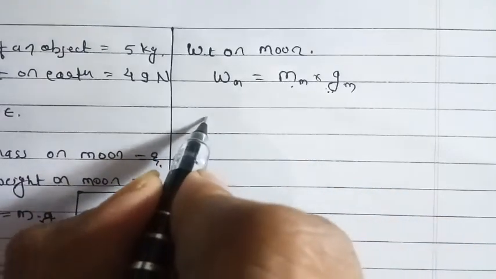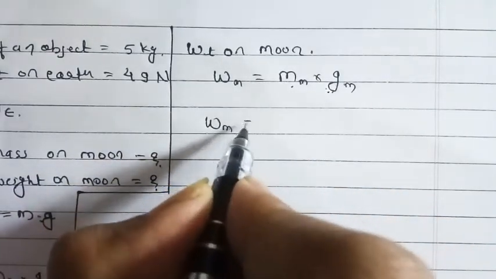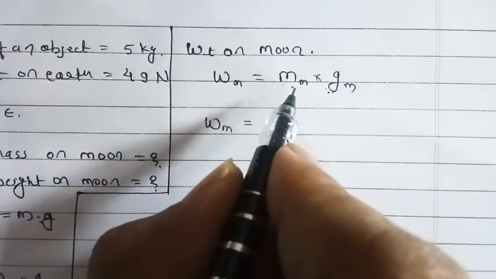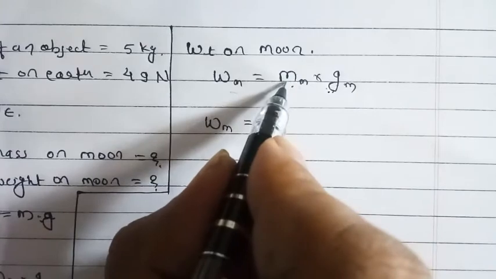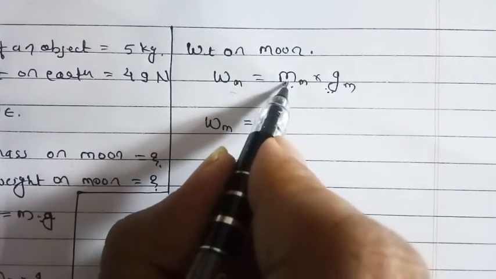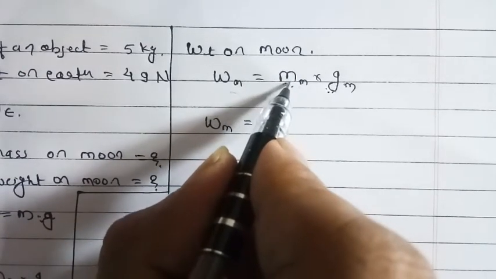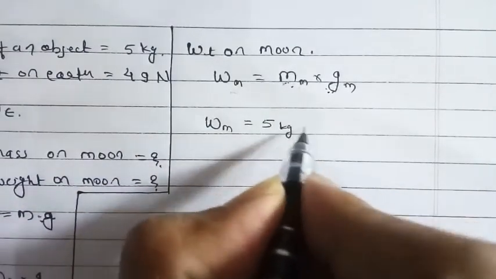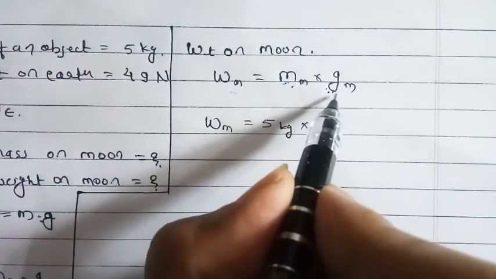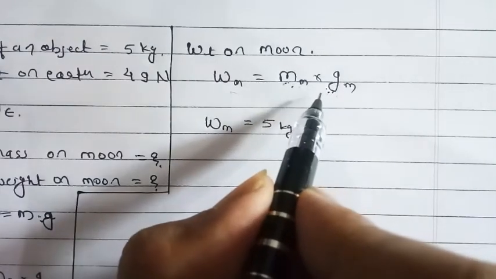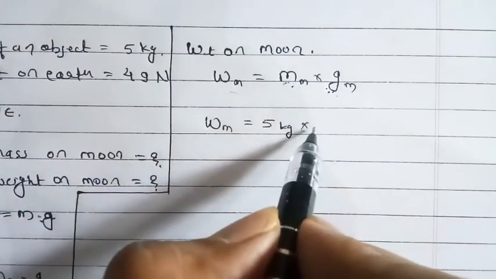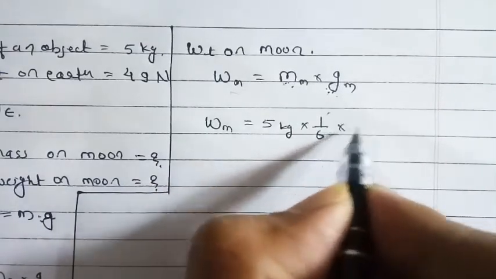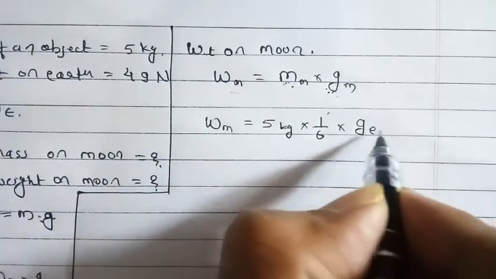We know the mass remains constant all over the universe, that means the mass will be 5 kg. So we write 5 kg into the gravity on moon. The gravity on moon is 1/6 of the gravity on earth, that means 1/6 into gravity on earth.